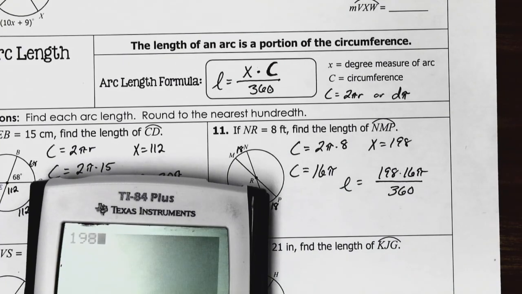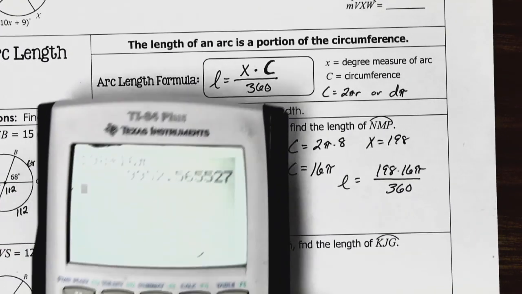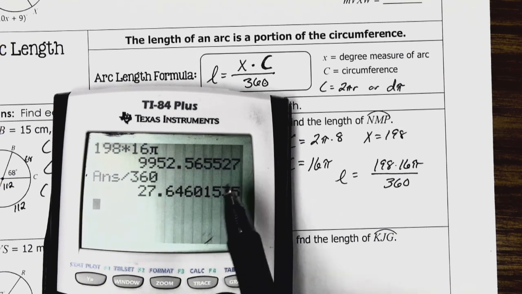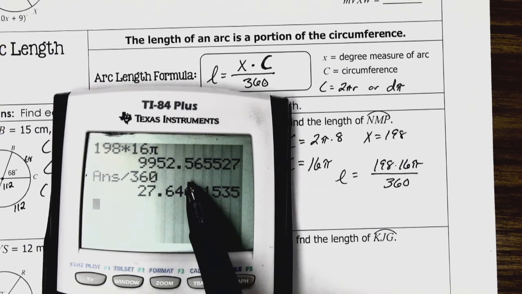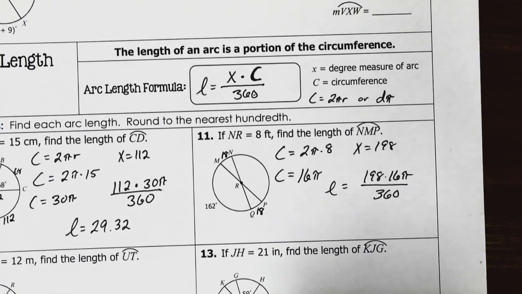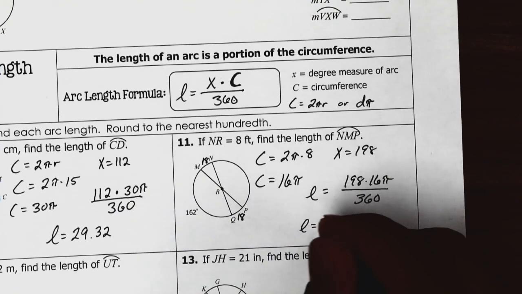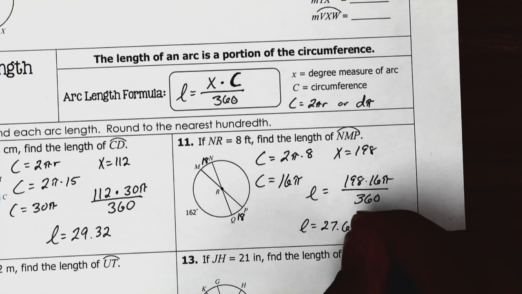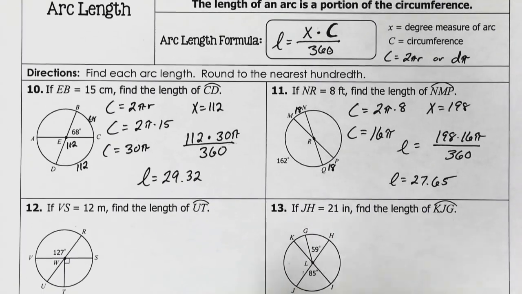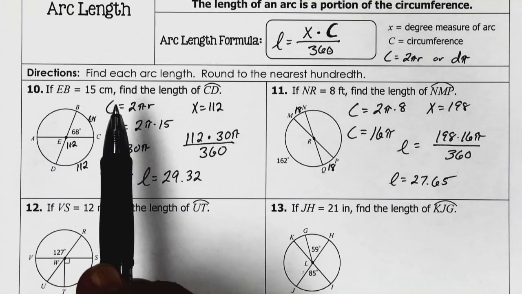So 198 times 16 pi, and then I'm going to divide that by 360. And there it is, 27.646. So this 6 is going to round it up to 65. So L equals 27.65.